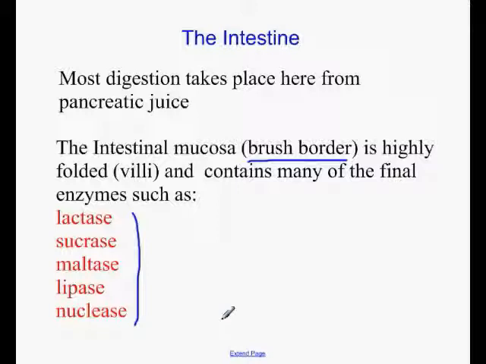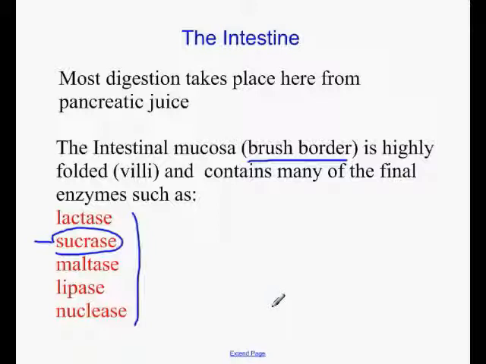So, for example, suppose in the small intestine you had sucrose. It hits the wall of the small intestine, and an enzyme in the wall called sucrase would actually then break it down into the final fructose and glucose simple sugars.